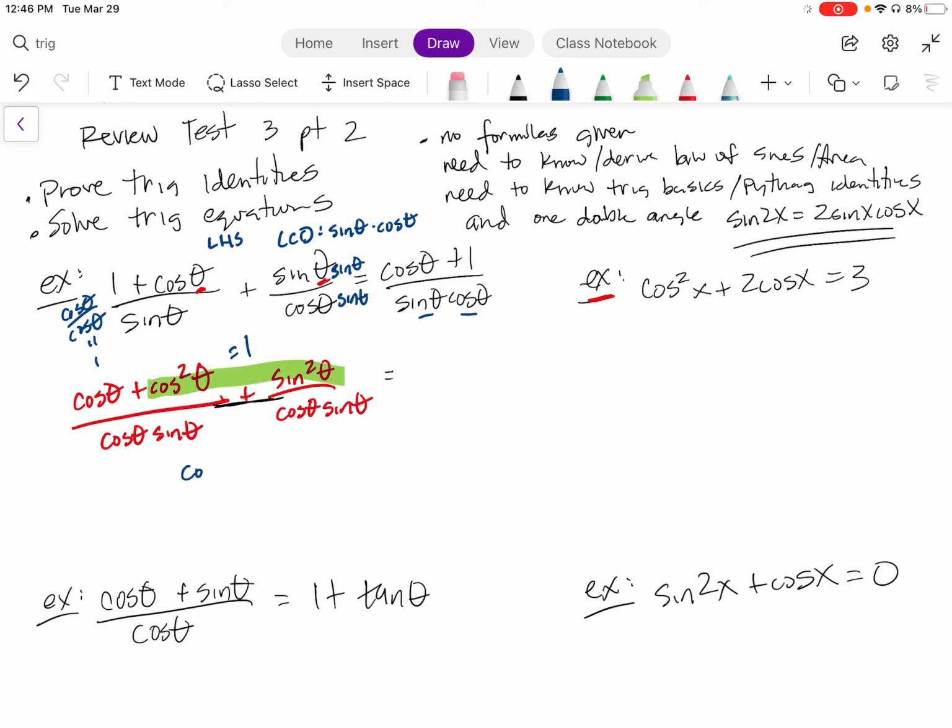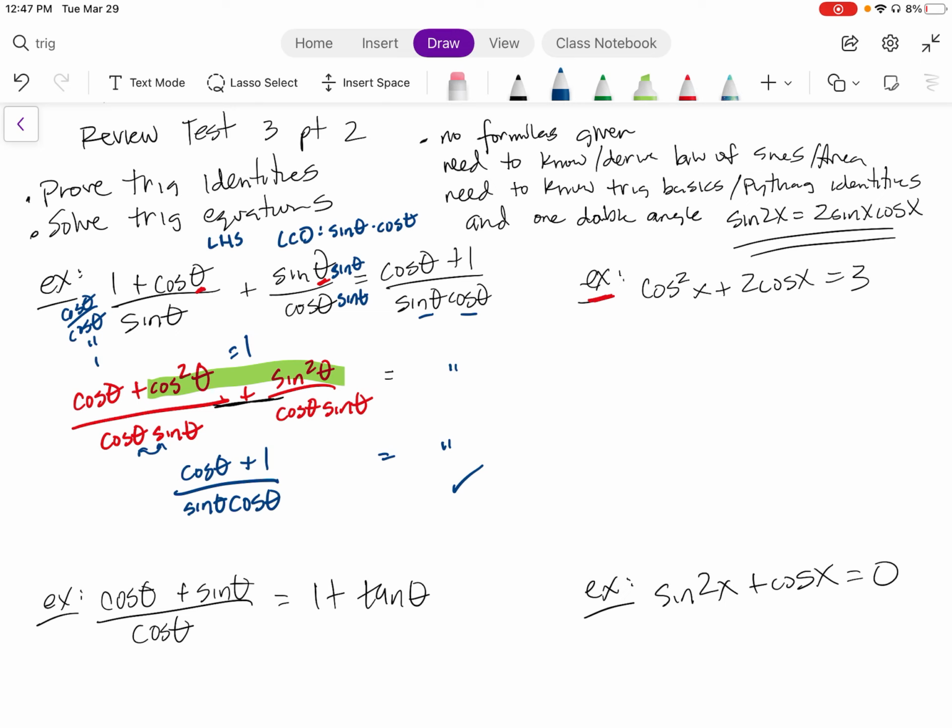Because notice we'd have cosine theta plus 1, and then, multiplying, we could reverse those. So all I did is work with the left-hand side, and it now matches the right-hand side. We are good. We proved that that crazy identity we started with is in fact true.